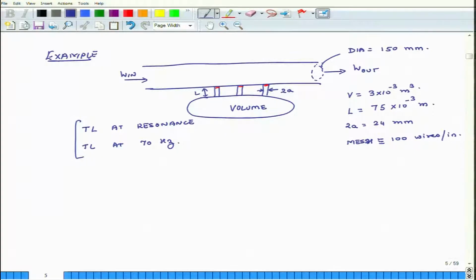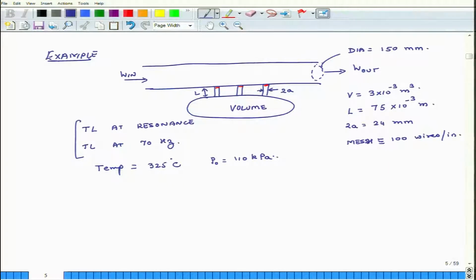And finally, we are given 2 additional details: the temperature of air inside the whole system is 325 degrees centigrade. So, some hot air is passing through, and pressure is 110 kilopascals.